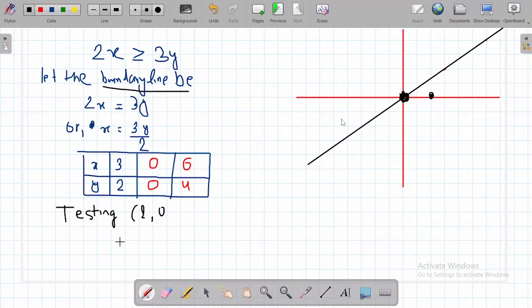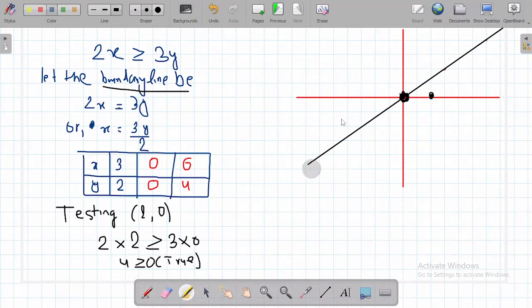So I'm going to put in place of x 2 and in place of y 0. So here we are getting 4 is greater than 0, which is true. So now you can put the arrow like this way. Okay, it is towards the 2,0.